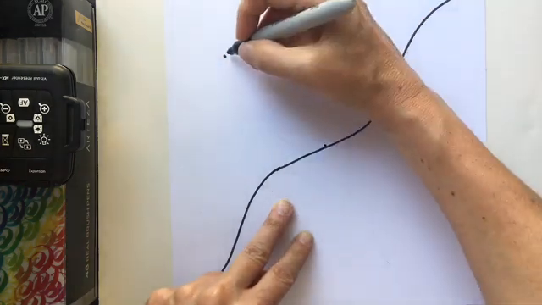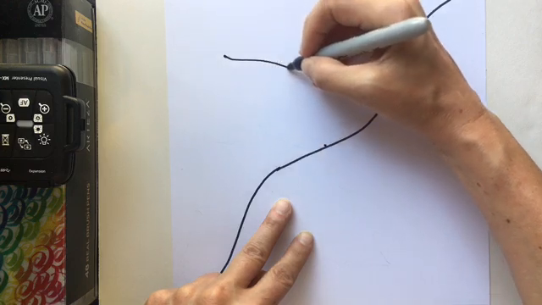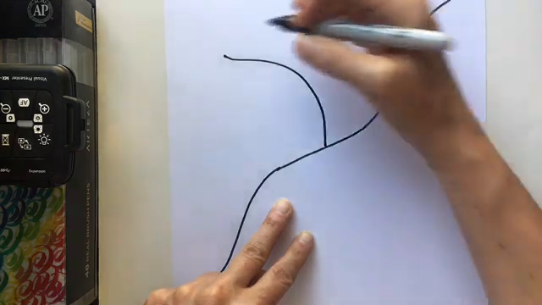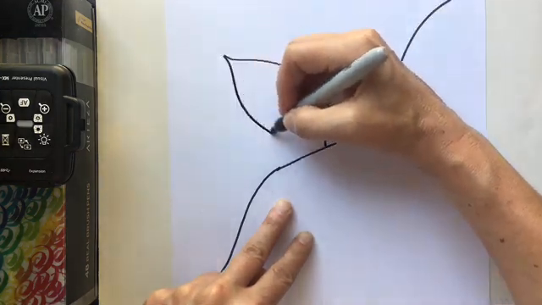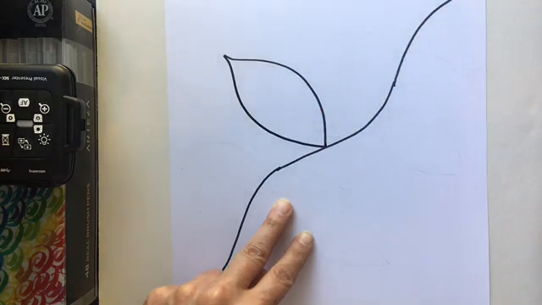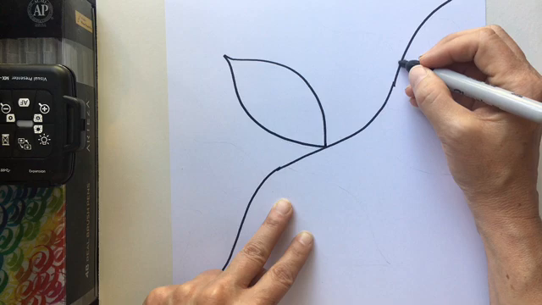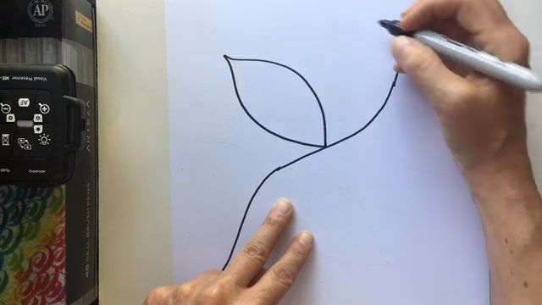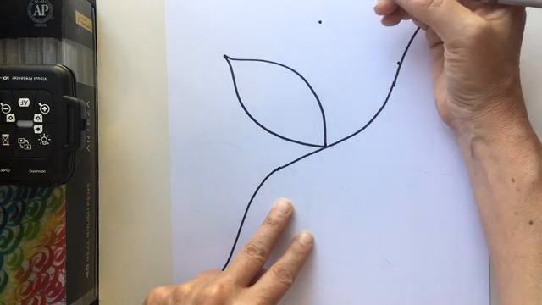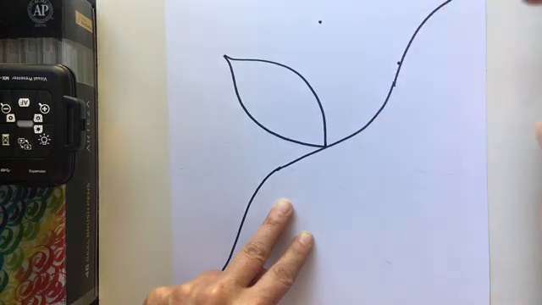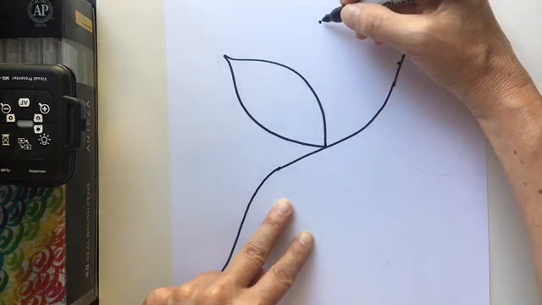Now we're just going to connect them from here to there, and then from here to there, making your leaf. Okay, so there you have one. Maybe we'll do another one on this line. I'm going to start right here, and I'm going to end up here. So I'm pretty close to the edge, but not all the way to the edge. And then you'll make your leaf.